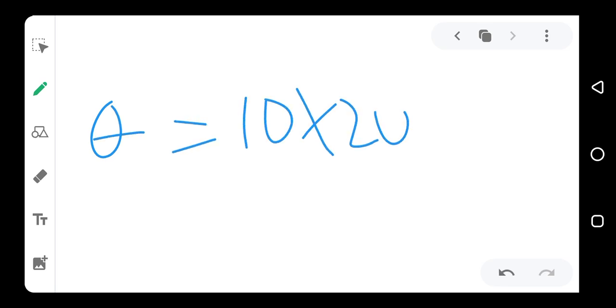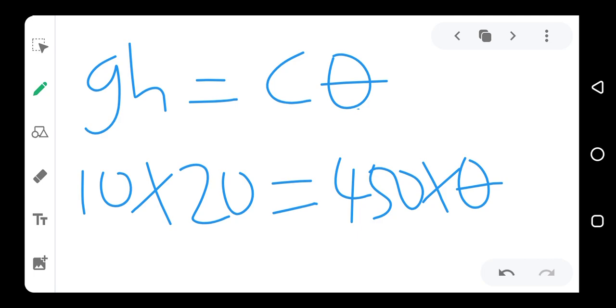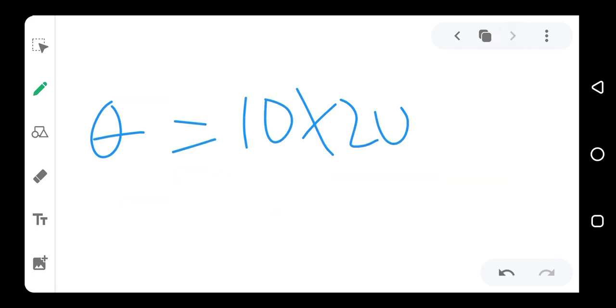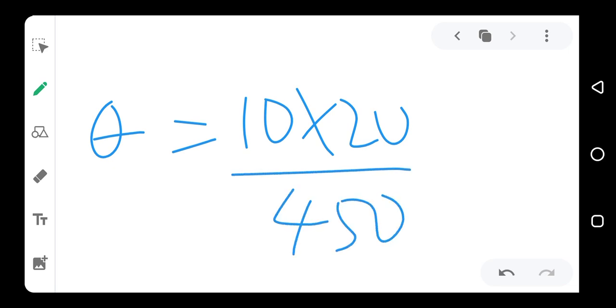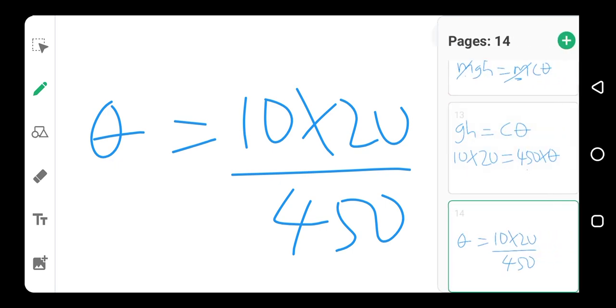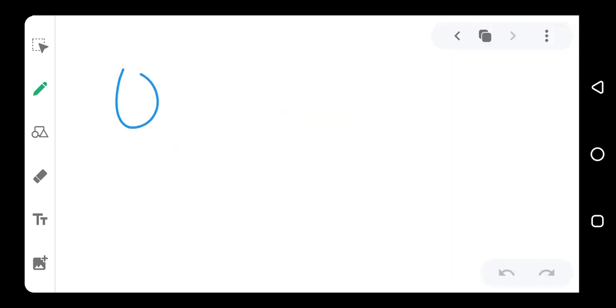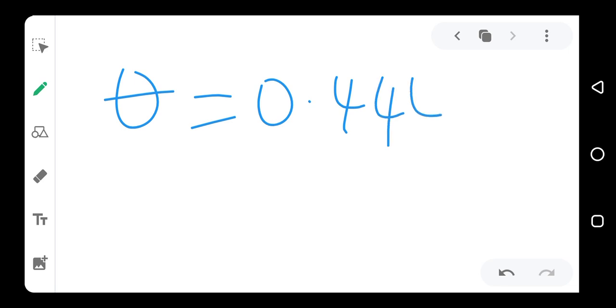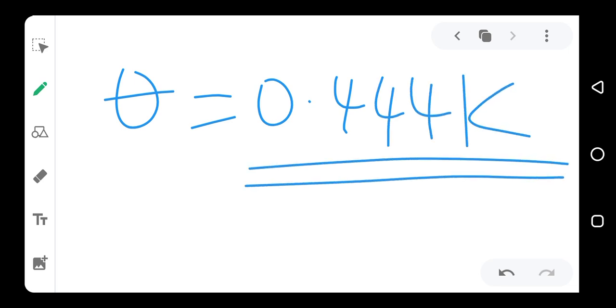This means that theta is equal to 10 times 20 over 450. Now this will give us that theta is equal to 0.444 something Kelvin. So this is the answer.